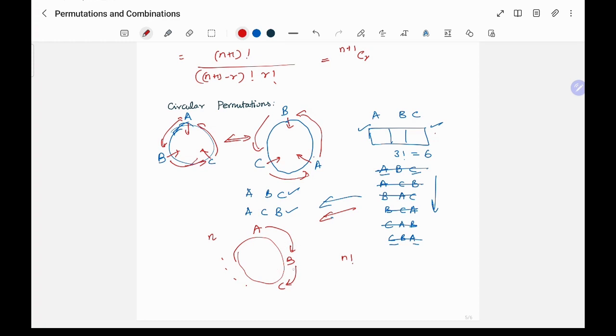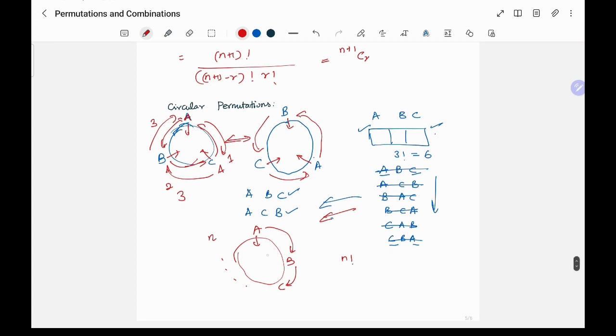So I just ask them to push once to the right side or left side of each person. Then how many ways can I go? If I push, A will come here for one push. Then for the second push, A will come here. And for the third push, A will come here, right? So I can have 3 possibilities for 3 cases. For n cases, how many possibilities can I have? N possibilities.